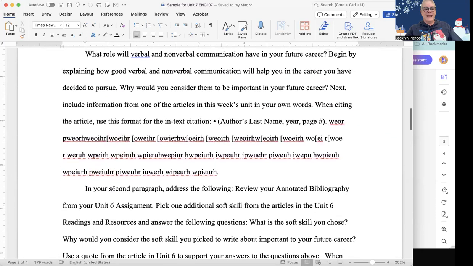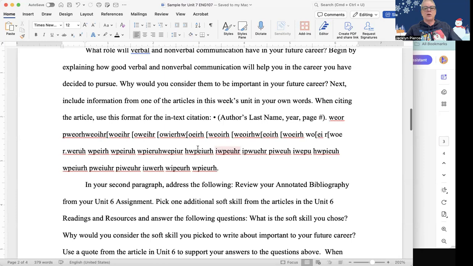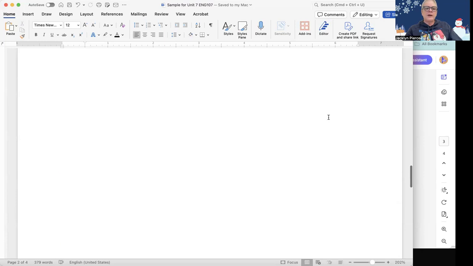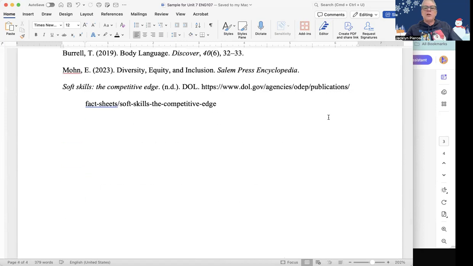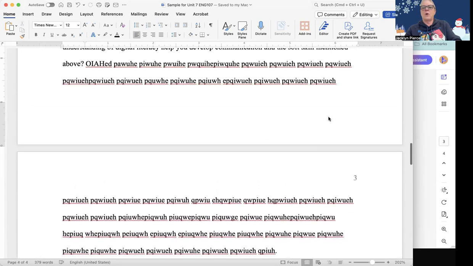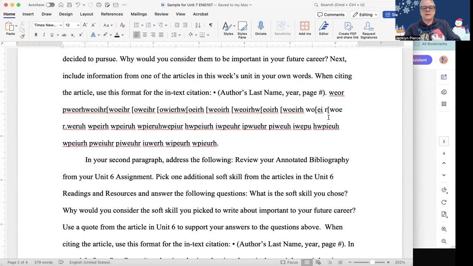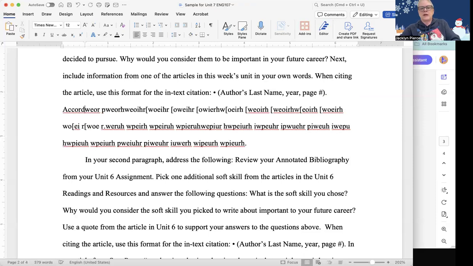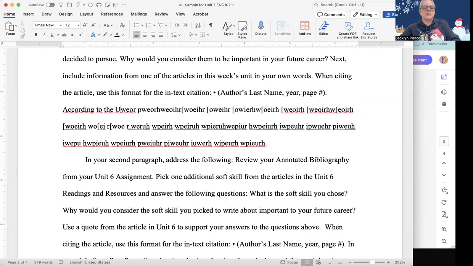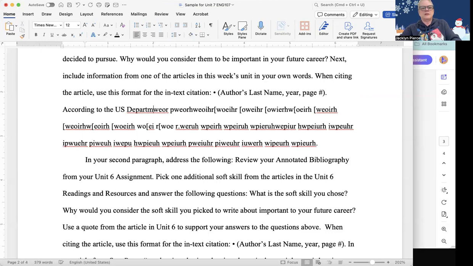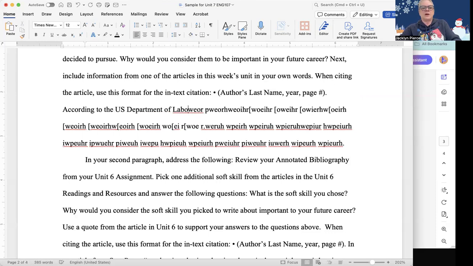But let's say that we have paraphrased something from that last article. In fact, I'm going to just put it right here. It came from the Department of Labor. So I'm going to mention the source, according to the U.S. Department of Labor.